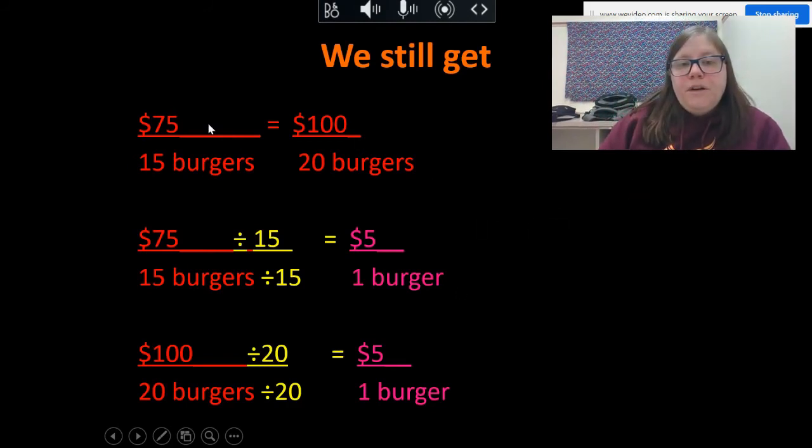So we could also look at it this way. $75 for 15 burgers equals $100 for 20 burgers. We did this part first to get down to 1. And if we do the same thing with this ratio, we're going to get the same thing. So they are equivalent, they are equal.